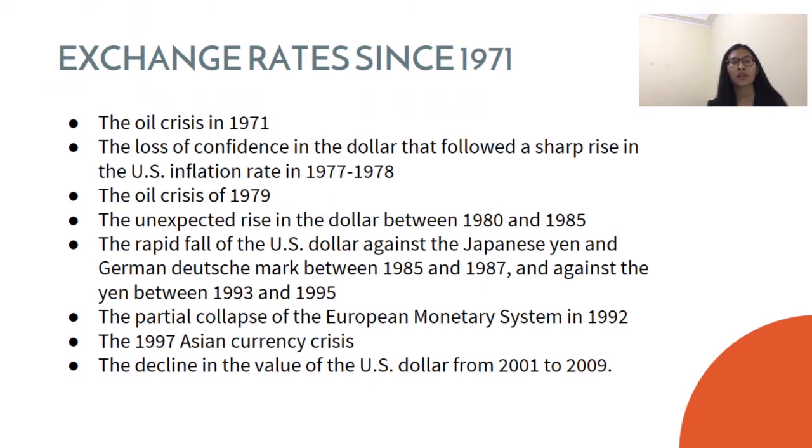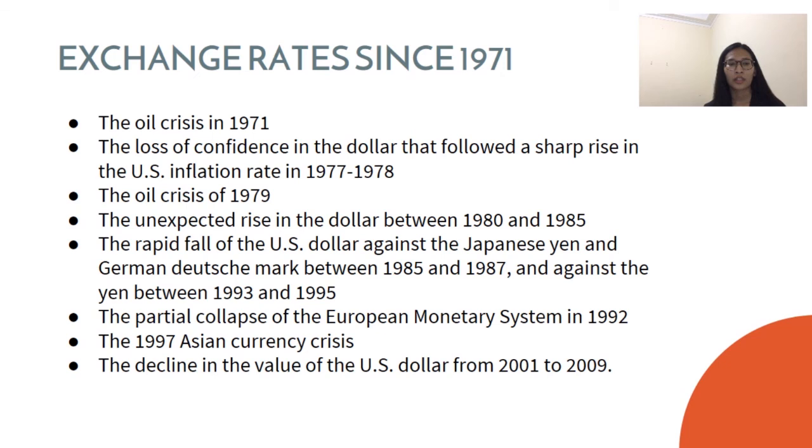In this section, we are going to discuss what has happened to exchange rates since 1971. Since 1973, exchange rates have been more volatile and less predictable than they were between 1945 and 1973 because of a few factors.